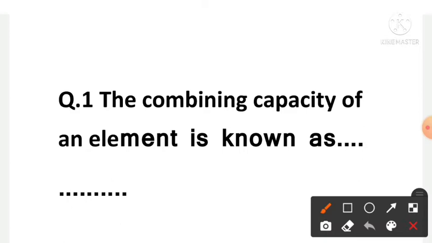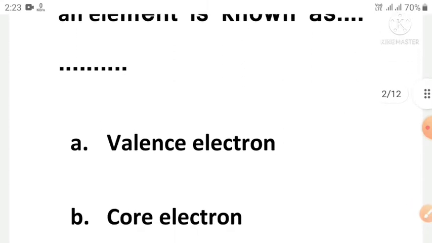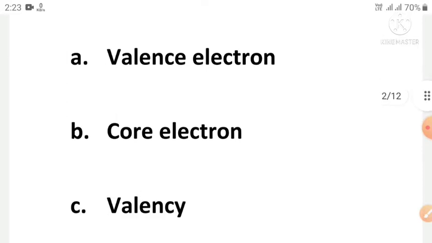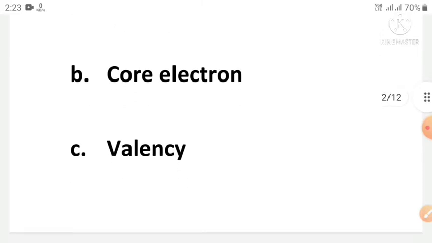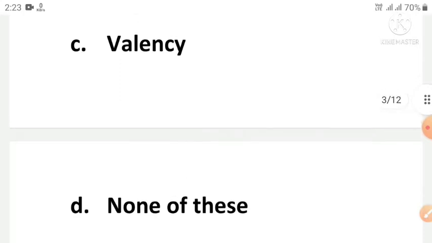So, first you have to choose the option. What is the combining capacity of an element called? Here, 4 options are given: A. Valence electron. B. Core electron. C. Valency. And D. None of these.